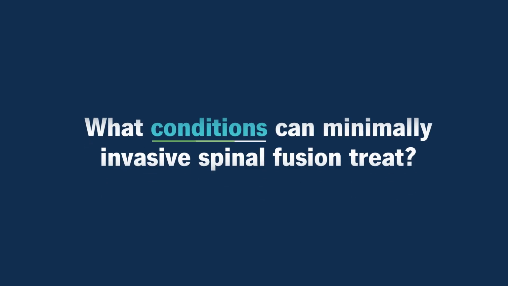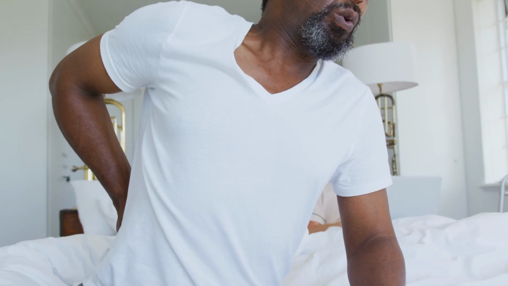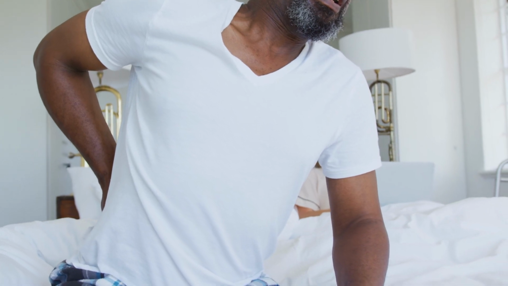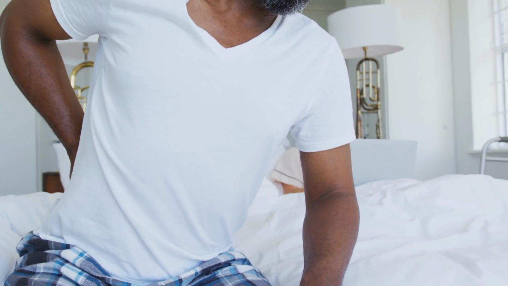What conditions can minimally invasive spinal fusion treat? Typically, what we're trying to help is pain, pain and dysfunction, and the dysfunction that results from pain. What we're trying to do with spine fusion procedures is take abnormal movement of the spine and stop it from occurring.